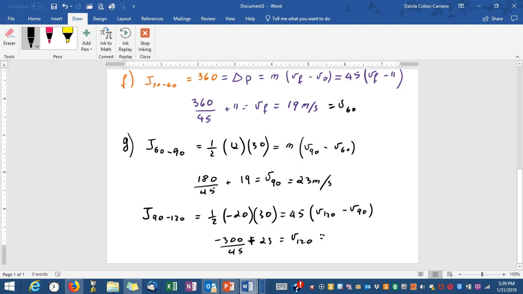So 300 divided by 45, negative, plus 23 is 16.3 meters per second.